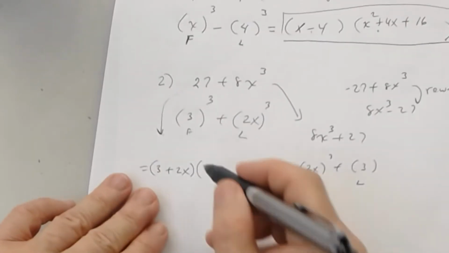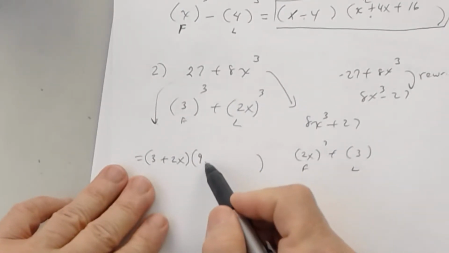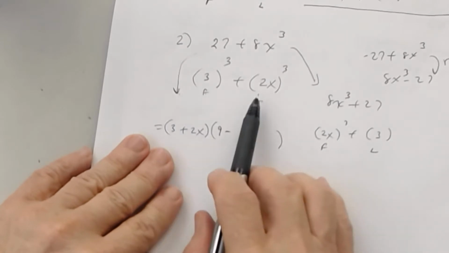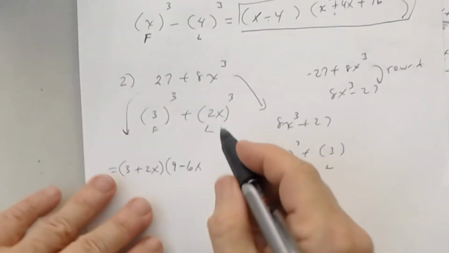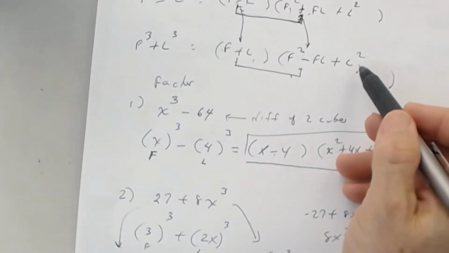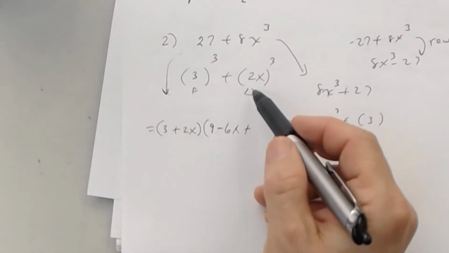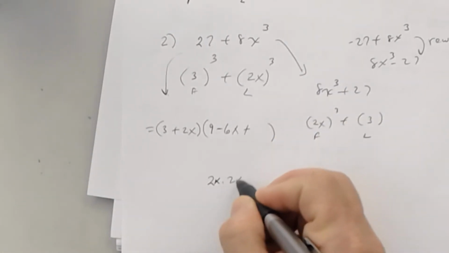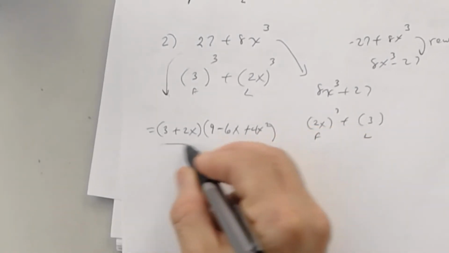So what's 3 times 3? 9. What is the middle sign? Minus. And then this says I take f and L and multiply them together. So what's 3 times 2x? 6x. And then it's going to be plus L squared. So L times L. What's L in this case? 2x. So what's 2x times 2x? 4x squared. So that's your answer.